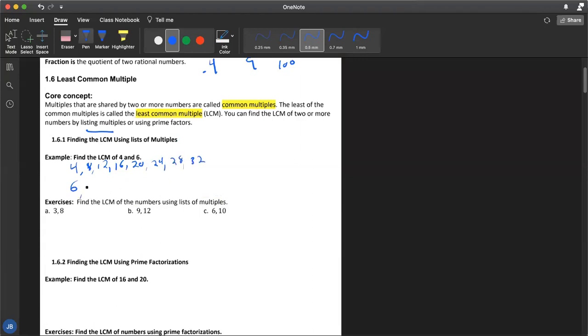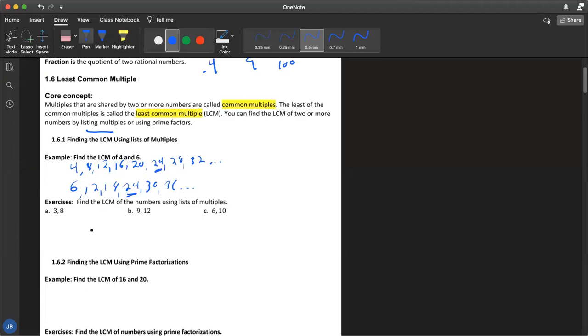Same with 6. We can do 6, 12, 18, 24, 30, 36, and then so on, right? We can keep going. But when we're looking at the least common multiple, we want the lowest multiple that both numbers go into. So if I'm looking at this one, Alina, would it be 24?